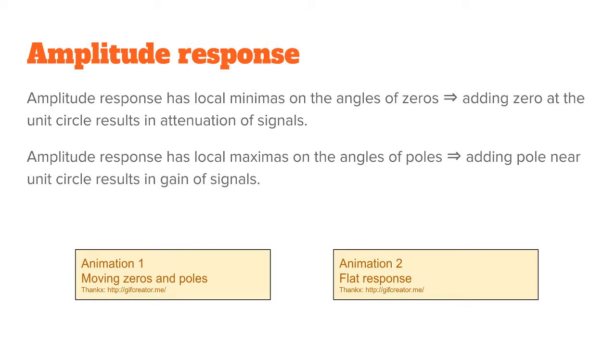There, another angle, omega x. On that angle, I know that I have a local maximum, which means that I can kind of guesstimate the rest. So basically, it doesn't have any other special points. This amplitude response looks more or less like that.